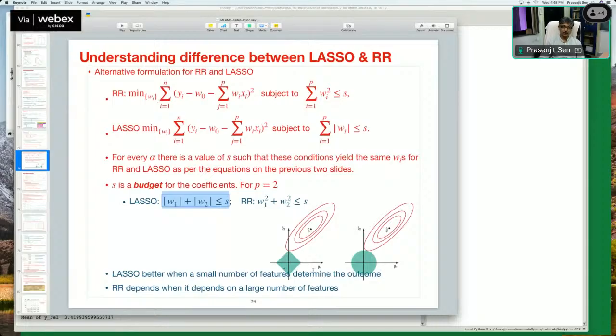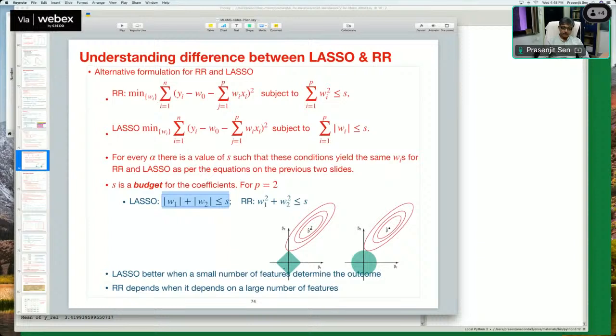Second thing, if I did not have the shrinkage penalty, and only had the linear model, then I have an optimal solution for a set of values of W, and let's say that is denoted by the point beta over here.